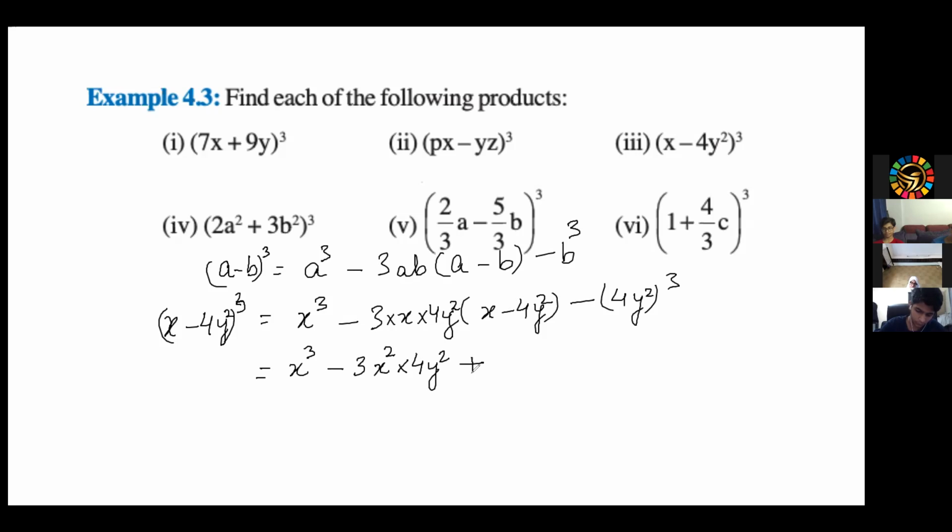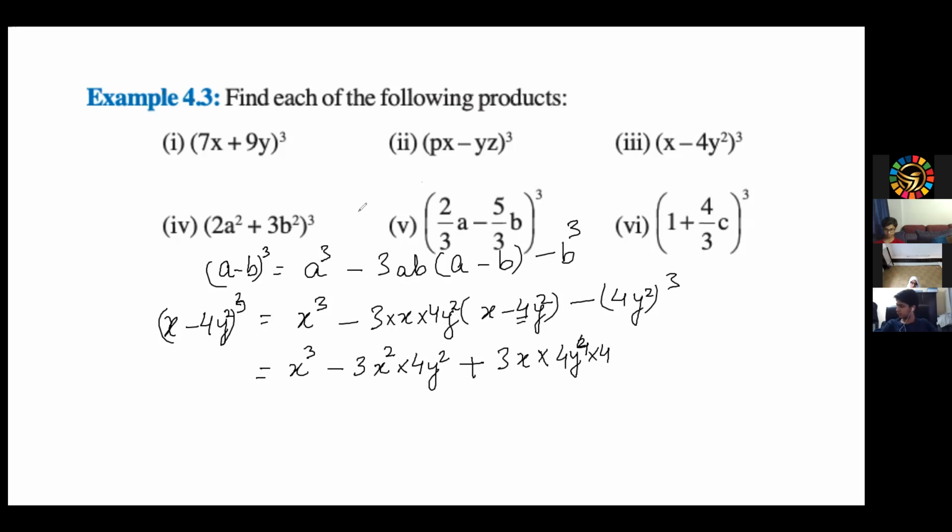Plus, ma'am, plus 3x into 4y raised to 4. One more 4 is there, into 4y square. Why are you doing 4y raised to 4?